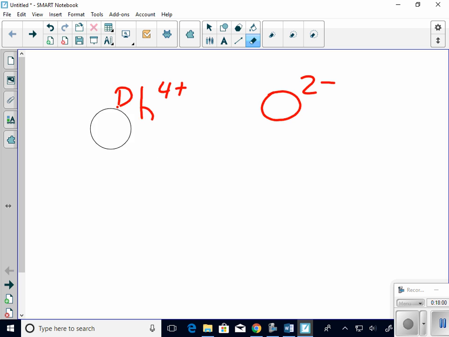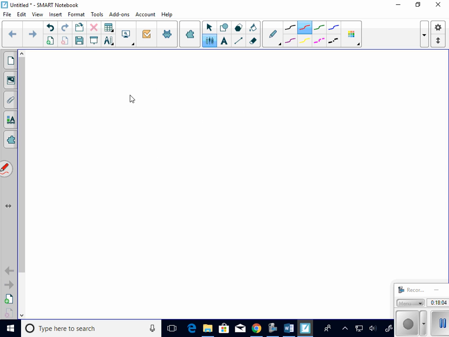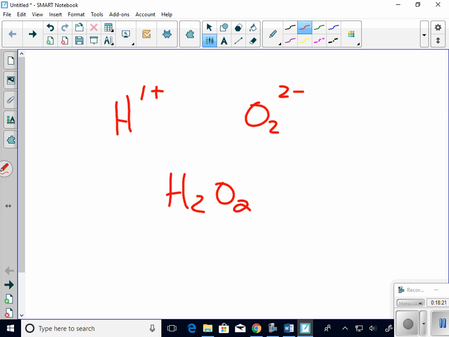You could simplify that one, but look at this one. There is a substance that is H1+. Oxygen at times is 2-. So once I do this, I have H2O2. You ever heard of H2O2? Yeah, you have. It's hydrogen peroxide.